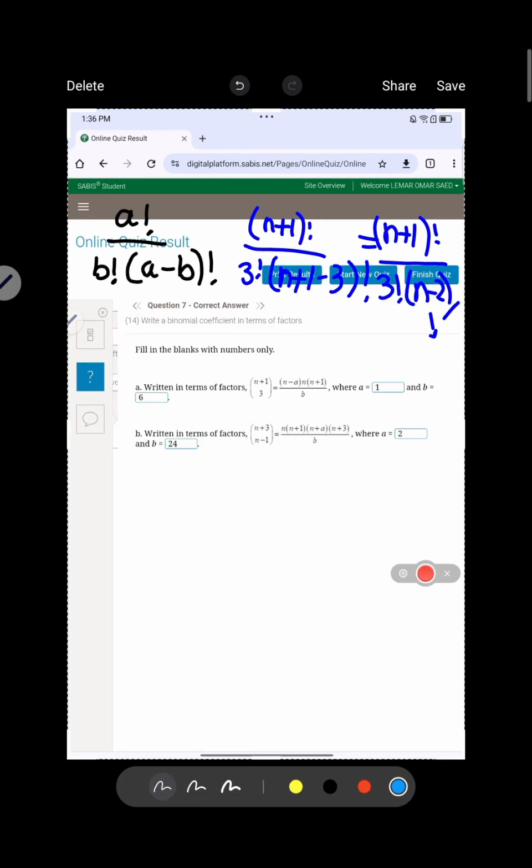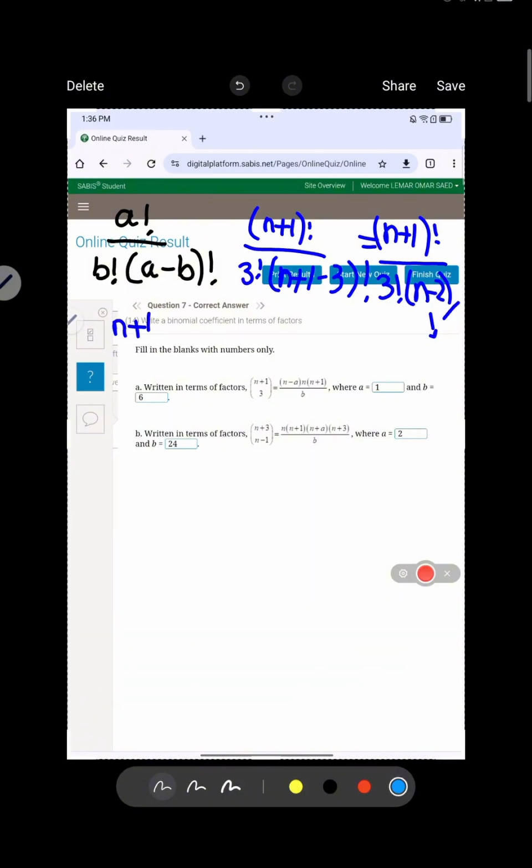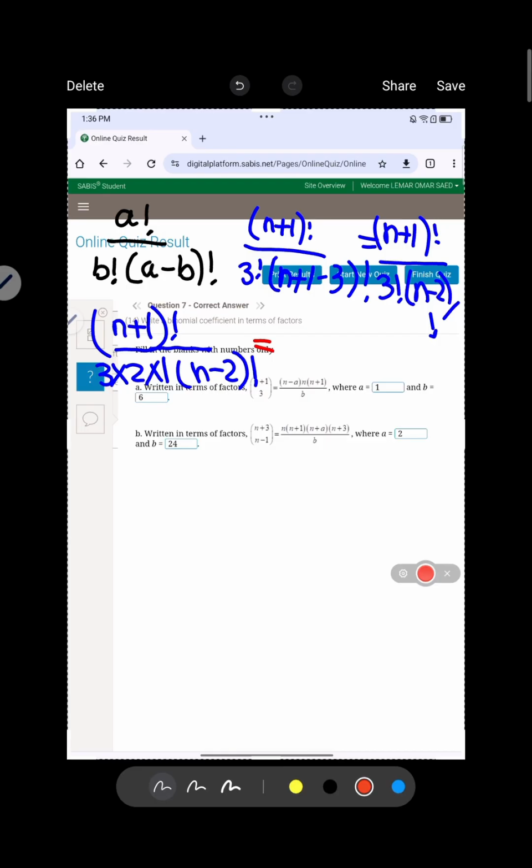Okay, so we have to apply it. Now, n plus 1 over 3 times 2 times 1 over (n minus 2) factorial. Now, we have to go all the way down to n minus 2.